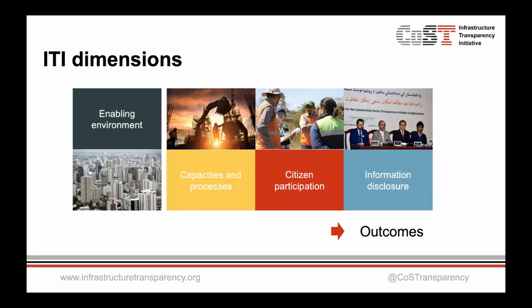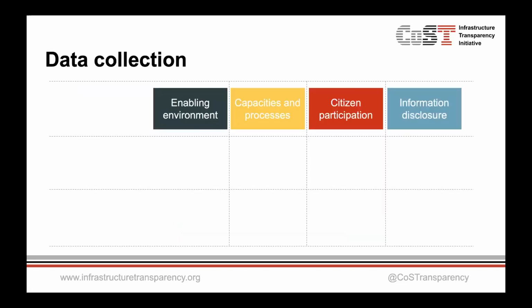These dimensions are aligned with empirical studies that say that the outcomes are not only achieved by the existence of laws, but also on the existence of laws and capacities. And what we do here is having the opportunity to deeply evaluate that environment and those capacities, and also the outcomes that are being provided in terms of the quality of information that's being disclosed.